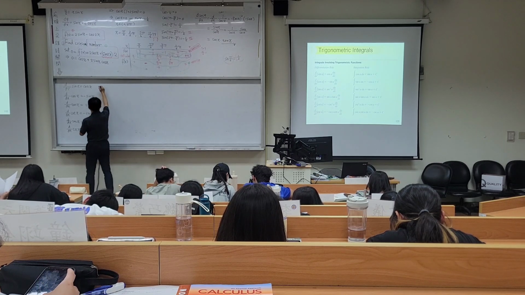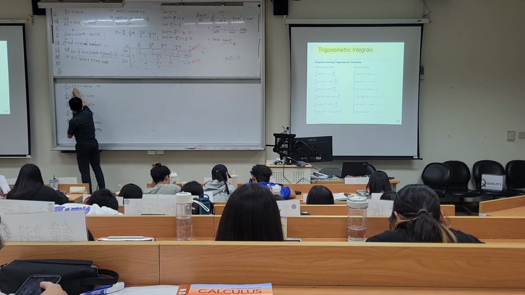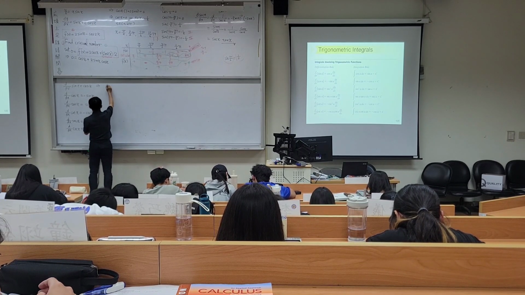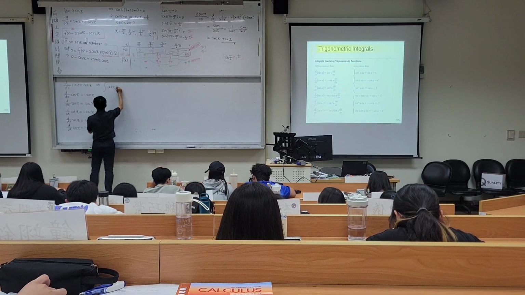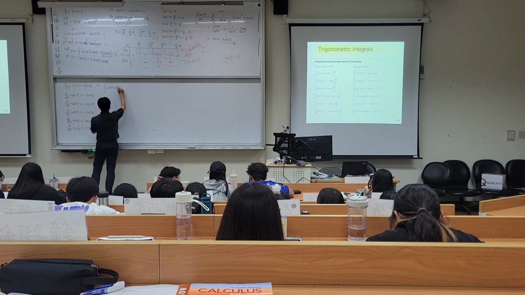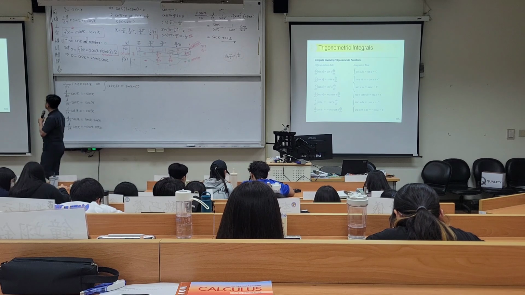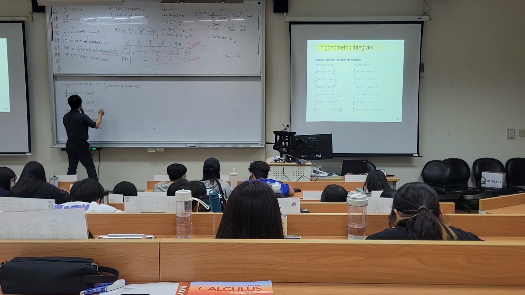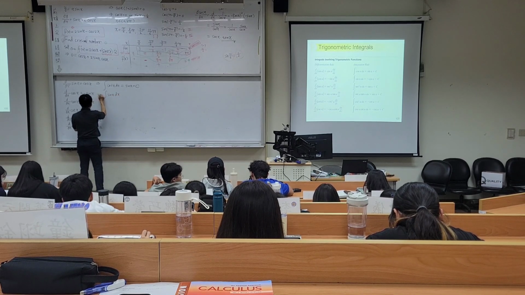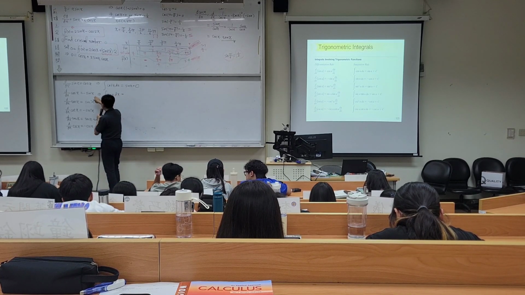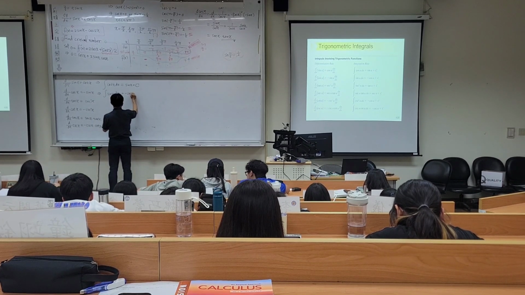So from here we can apply the reverse, because the derivative of sine is equal to cosine. So if I integrate cosine, which will be equal to what? Will be equal to sine x. And if I integrate sine x, you will get minus cosine x plus a constant.